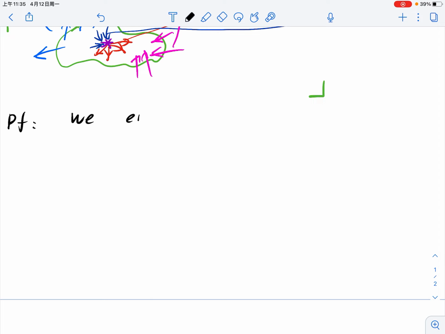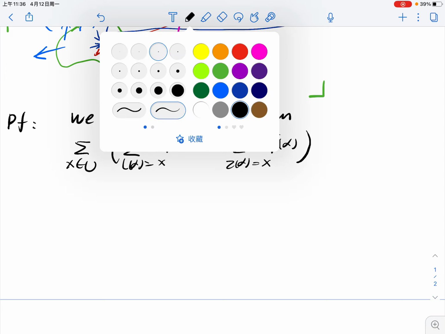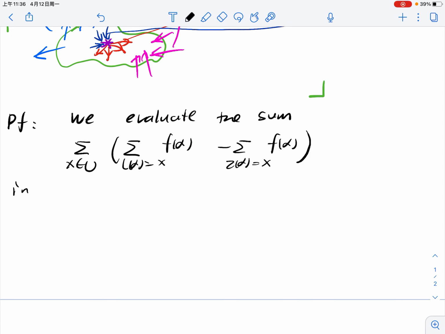So we evaluate the sum, the sum over x of (sum of f alpha over alpha with initial vertex x, minus sum of f alpha over alpha with terminal vertex x), in two different ways.